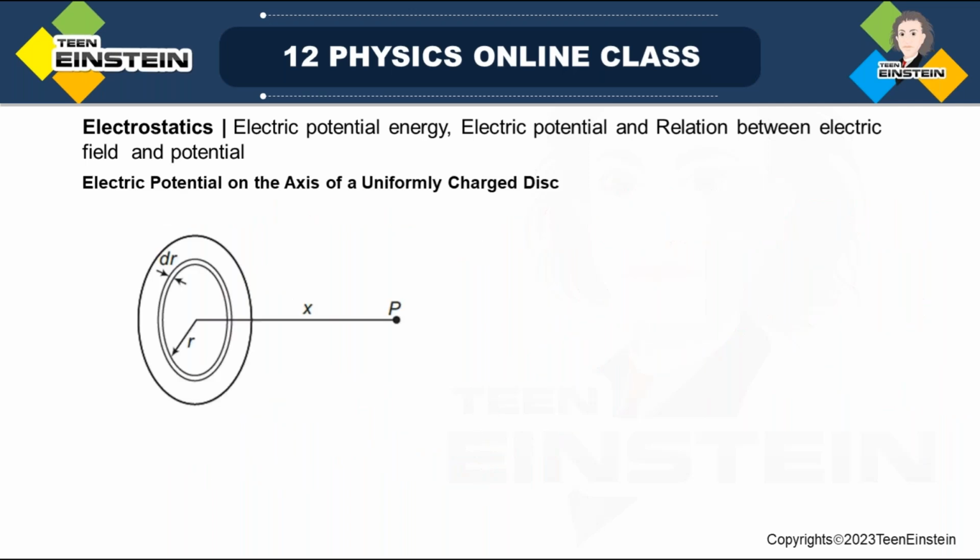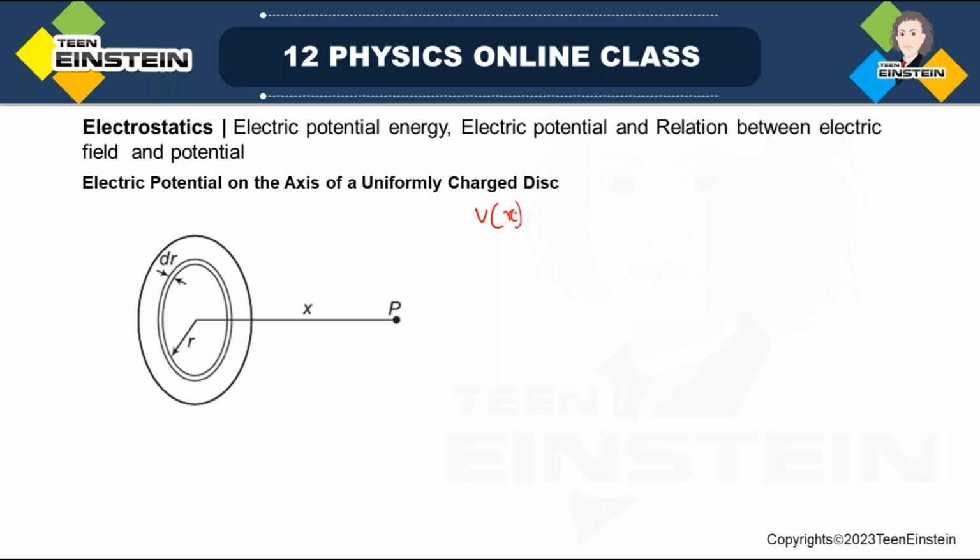Now we'll learn how to calculate electric potential on the axis of a uniformly charged disk. So how to calculate that? See, we know the basic formula for continuous charge distribution.